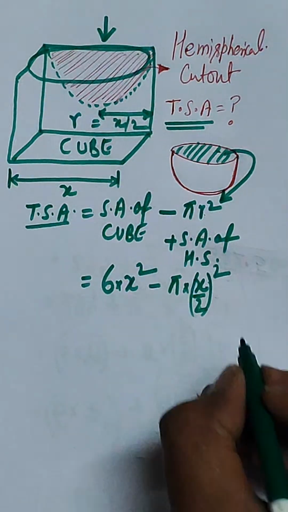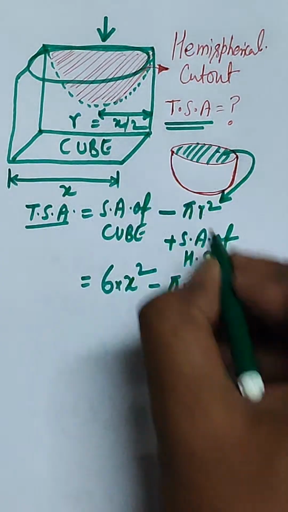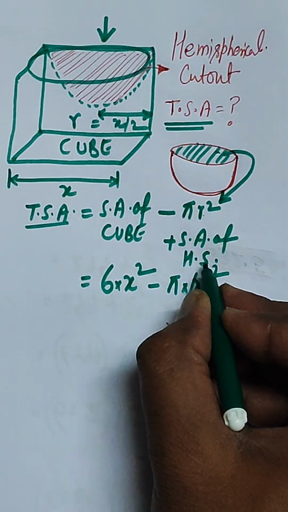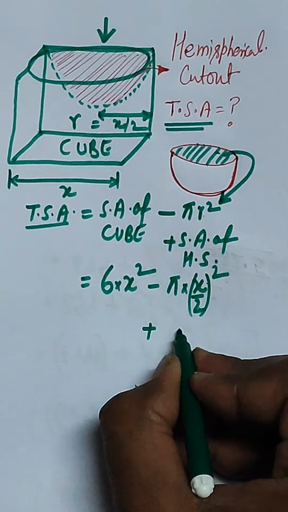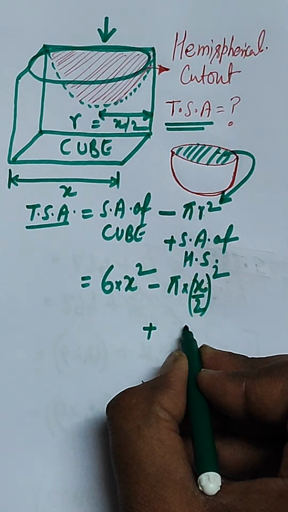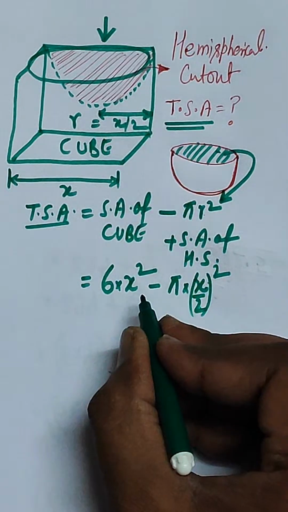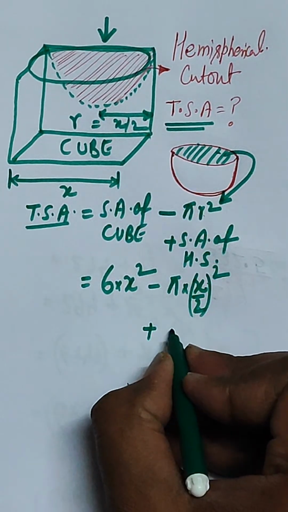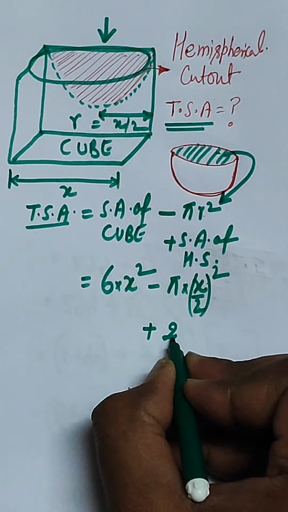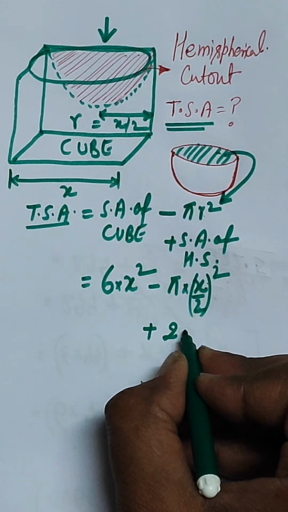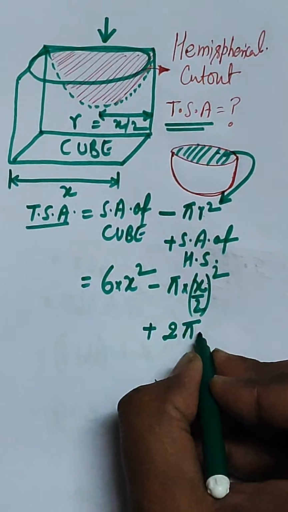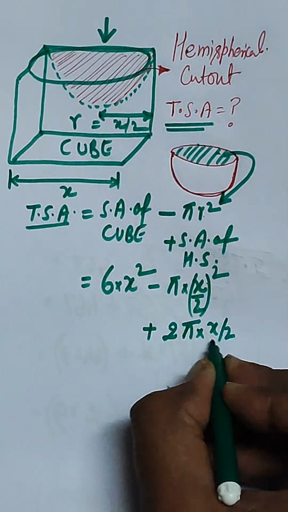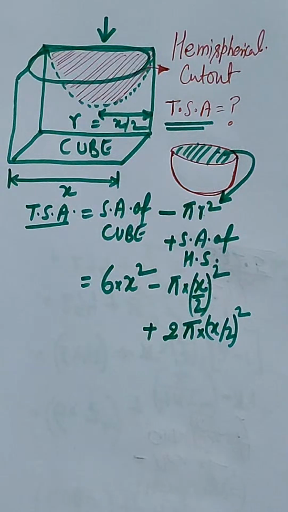Now plus the surface area of the hemisphere. The total surface area of the entire sphere is 4 pi r square, so for the hemisphere it will be 2 pi r square. So 2 into pi into (x by 2) whole square.